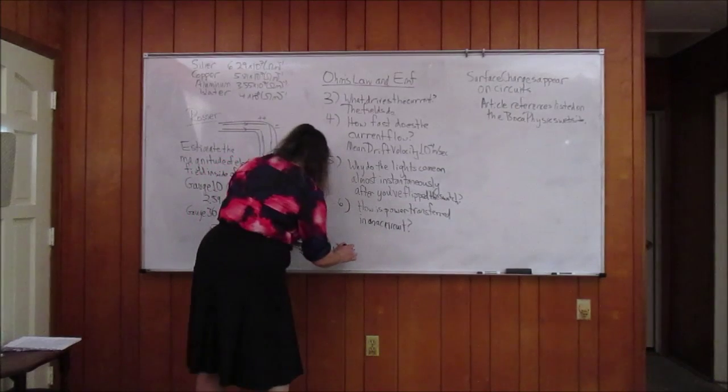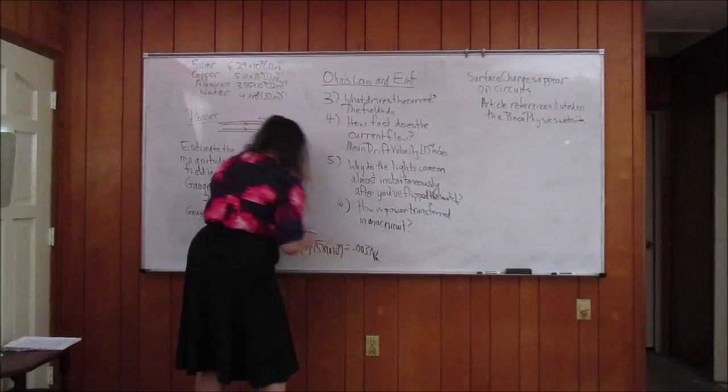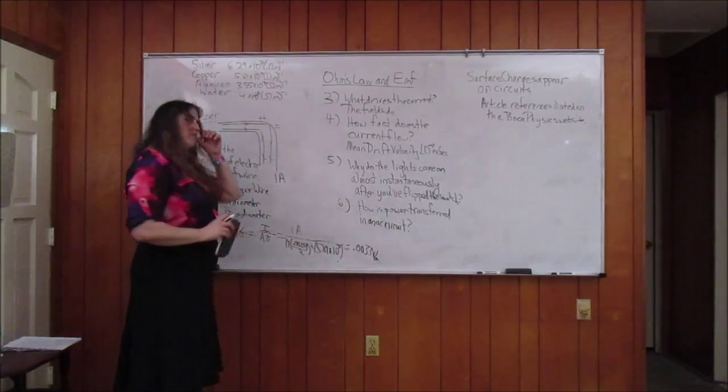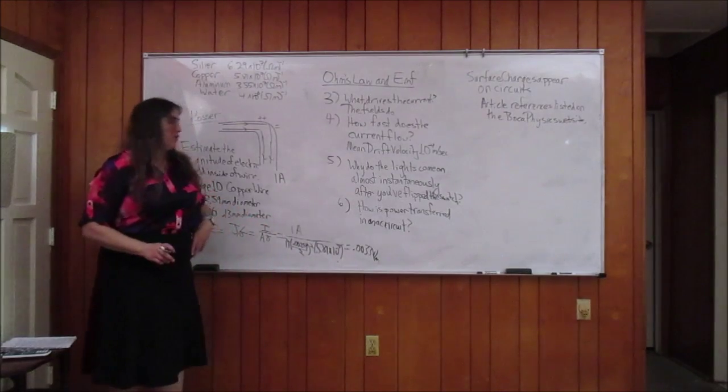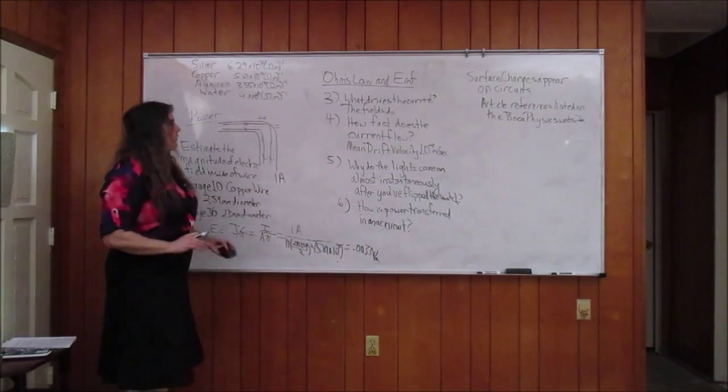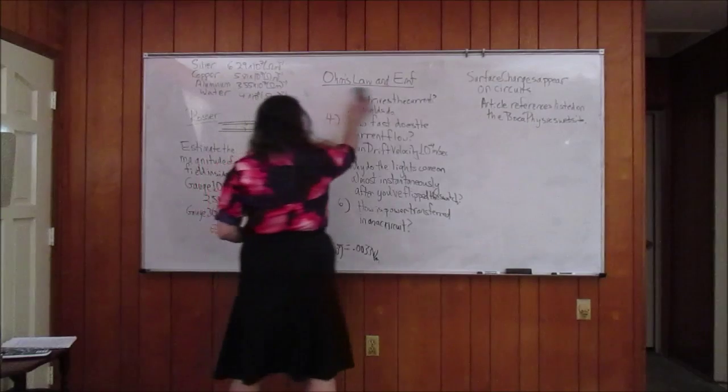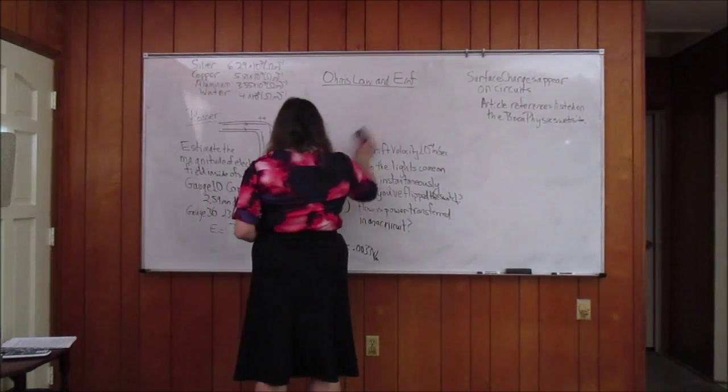We wind up with 0.0033 volts per meter. Now, that's a very small electric field, which stands to reason because copper is a very good conductor. And unfortunately, I'm going to have to erase this as well.